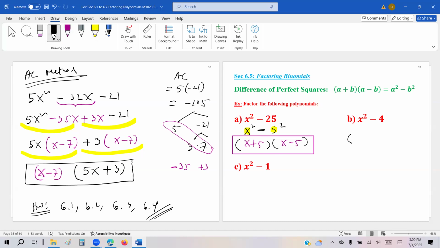Okay, what do you think the answer will be for the second one? X plus 2, x minus 2. Because 4 is 2 squared. So you have x squared minus 2 squared. So x plus 2, x minus 2.